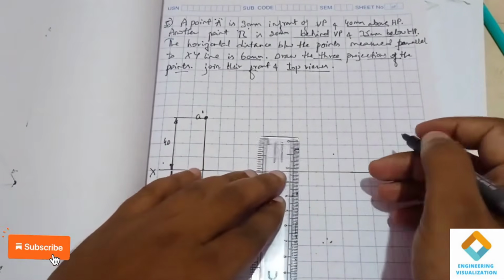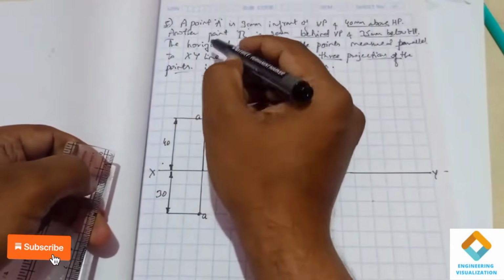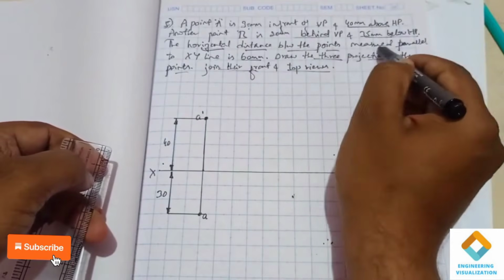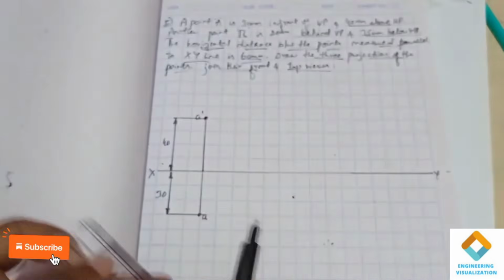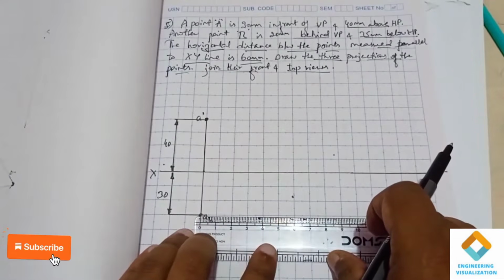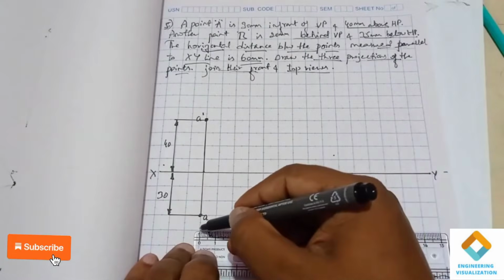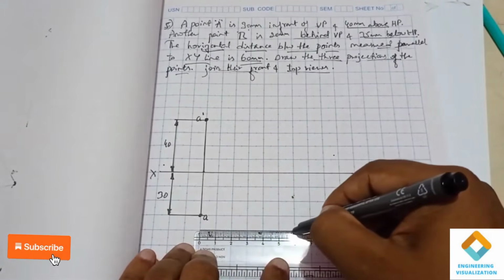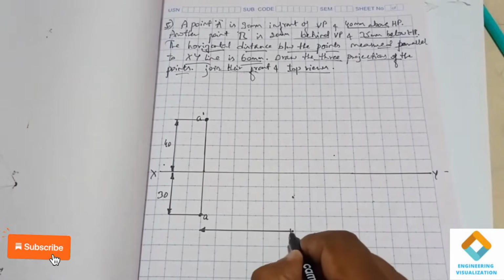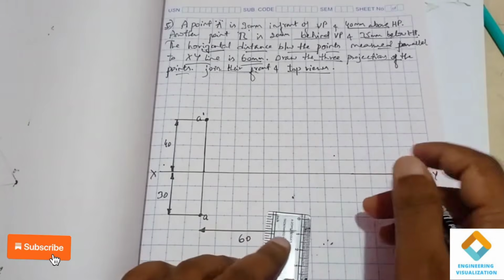Before that, you can see they have given one more piece of information: the horizontal distance between the points measured parallel to XY line is 60. That means before drawing point B, we should consider a horizontal distance of 60 mm. Here I'll mention it with the dimension line. This is 60, and here we have to construct.